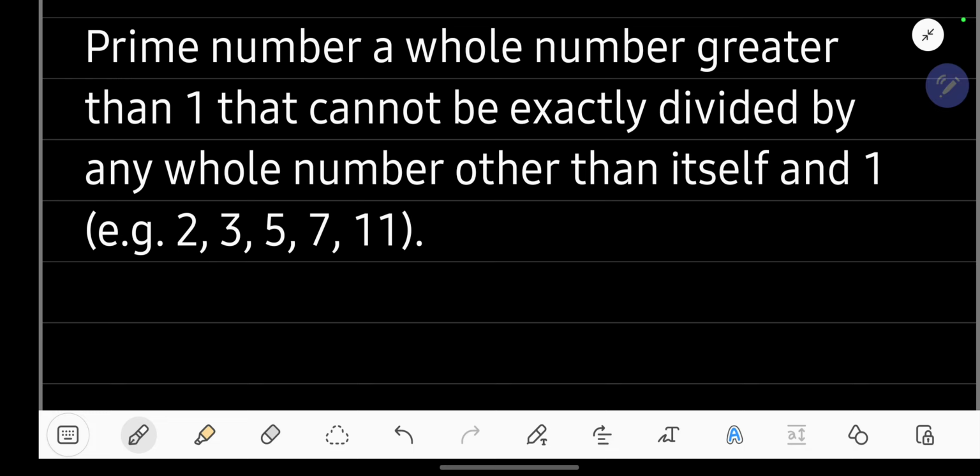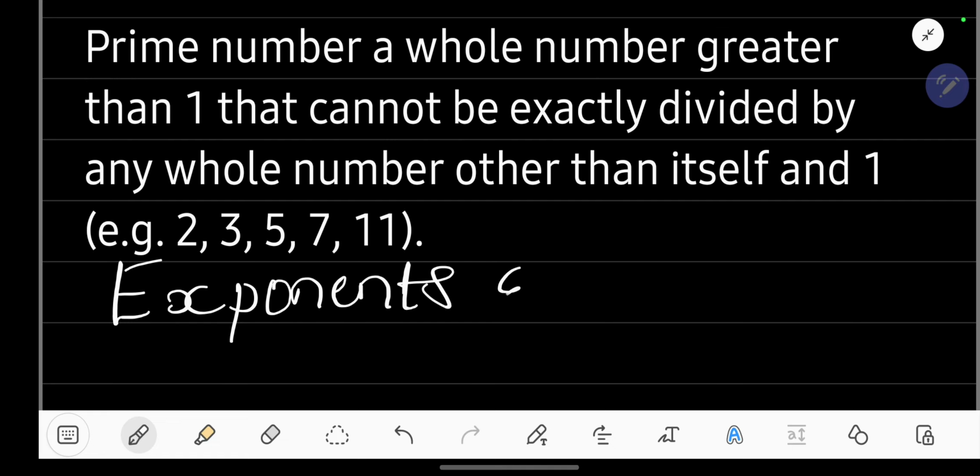Okay, guys. So today I just want us to do exponents and sets, but we're going to talk mostly about exponents, and later on we will talk about sets. So our topic is exponents and sets.